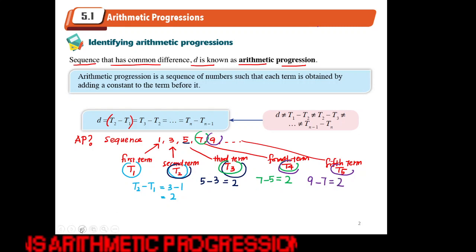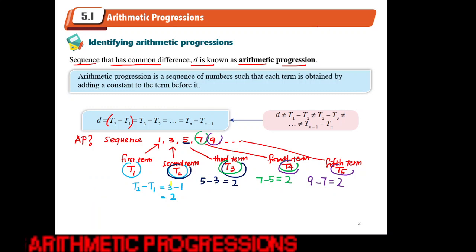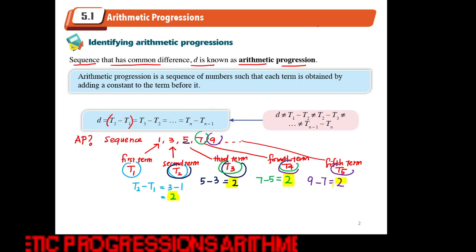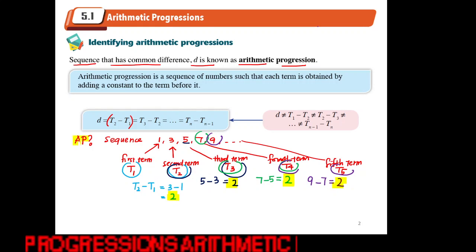So when we observe, the differences of the consecutive terms are all the same. Hence, we can draw a conclusion that this sequence is actually an arithmetic progression.